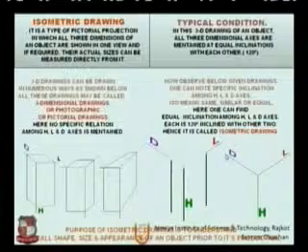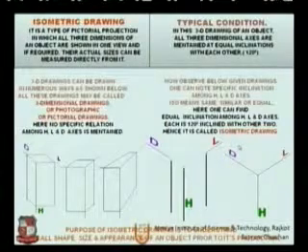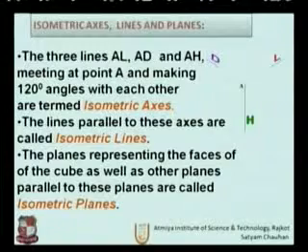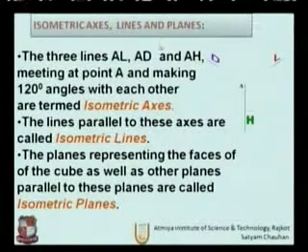The purpose of isometric drawing is to understand all the required size, shape and appearance of the object. In isometric drawing we have these parameters: isometric axis, isometric lines and isometric planes.